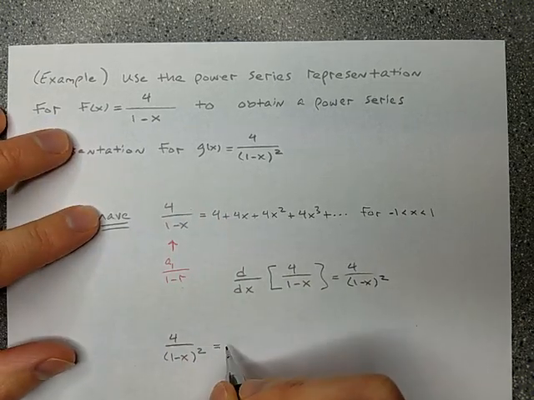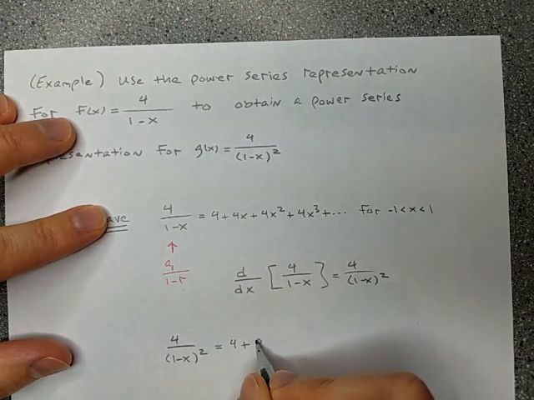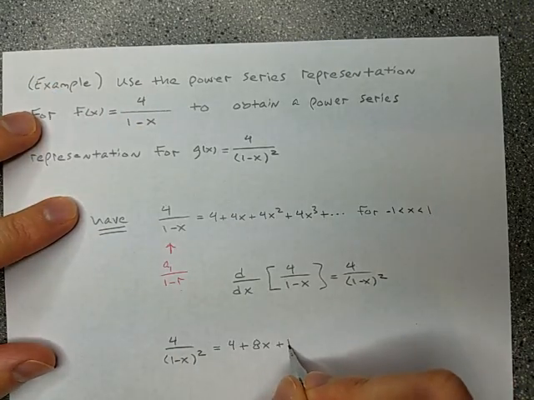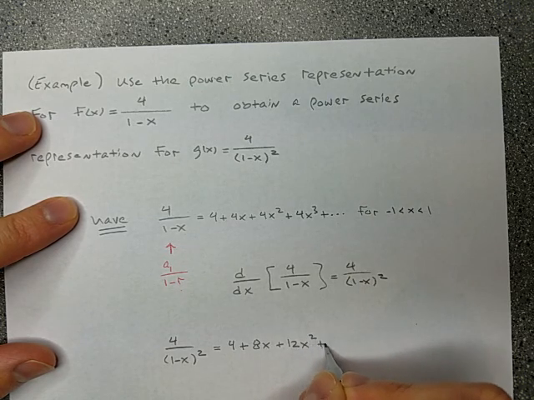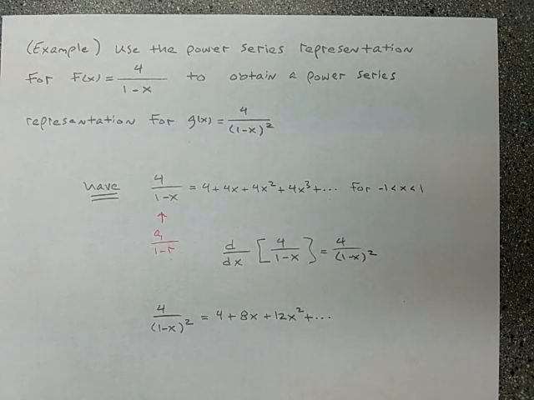What's the derivative of 4x? 4. The derivative of 4x squared, 8x. 4x to the third, 12x squared, and then it keeps going.